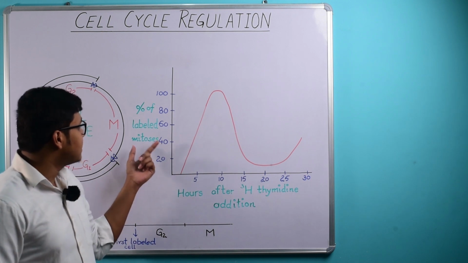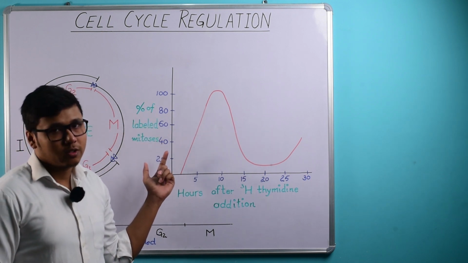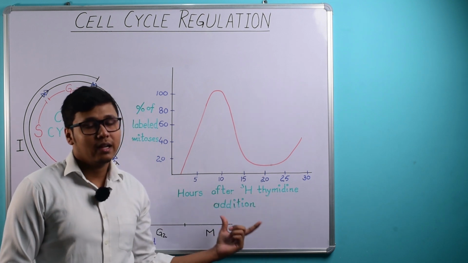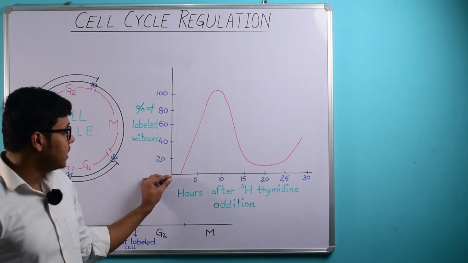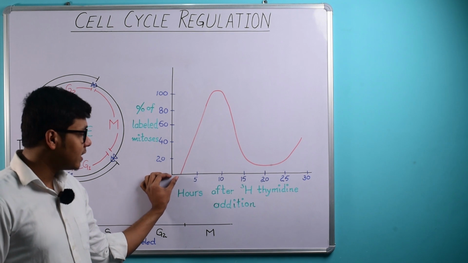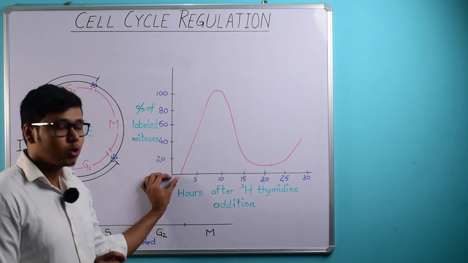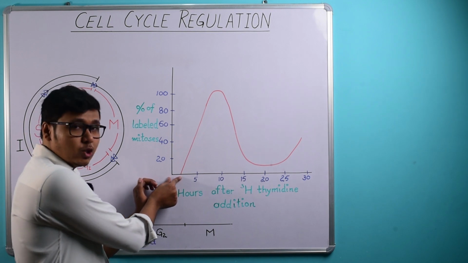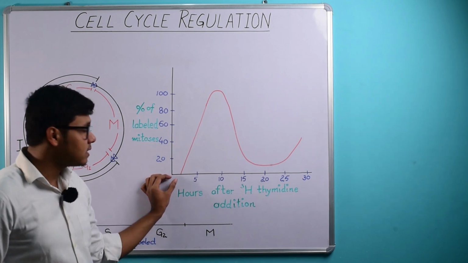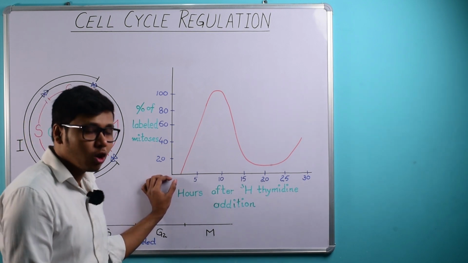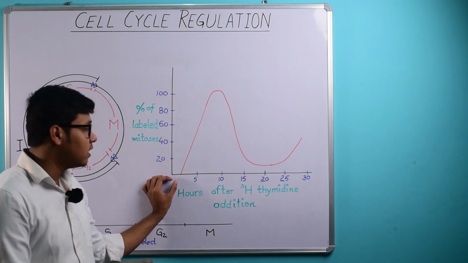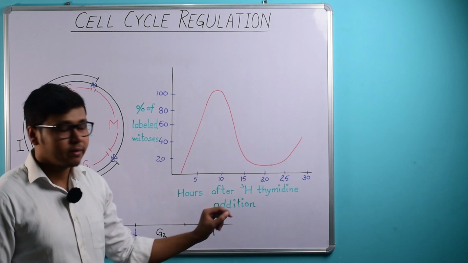On the y-axis is the percentage of labeled mitotic chromosomes, and on the x-axis is the hours after tritium thymidine addition. So you can see that at the start there are no labeled mitotic chromosomes found, and this indicates that it is the G2 phase, where the cells have already gone through DNA replication, and none of the newly synthesized DNA got the tritium thymidine, right?